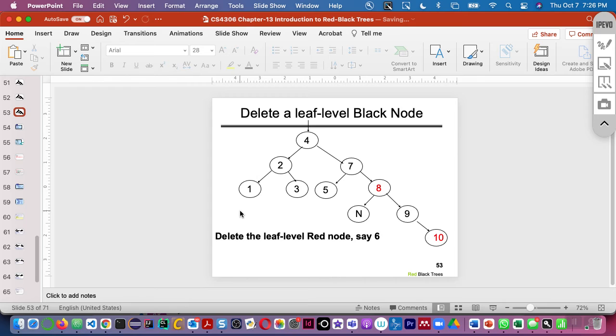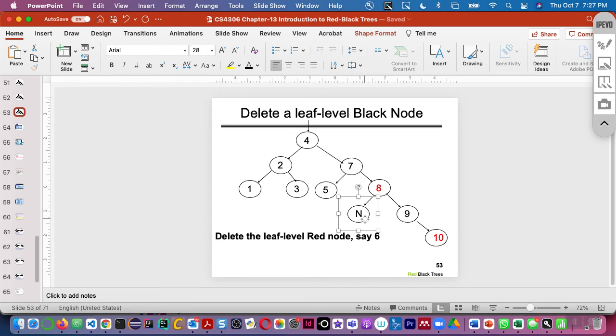Isn't there a path that's too short if you go 4, 7, 8 and then to nil? 4, 7, 8, 9. Yes, but if you go the other way, then it's only 4, 7, 5. 4, 7, 8. You cannot stop; you need to go all the way from root to leaf. But there's also a leaf on the left of it.